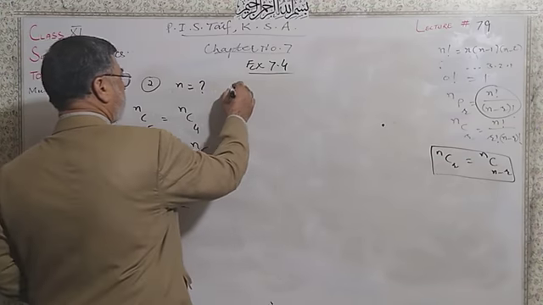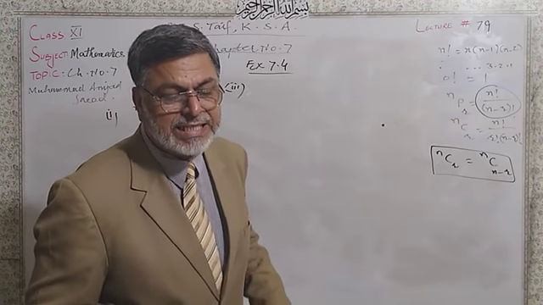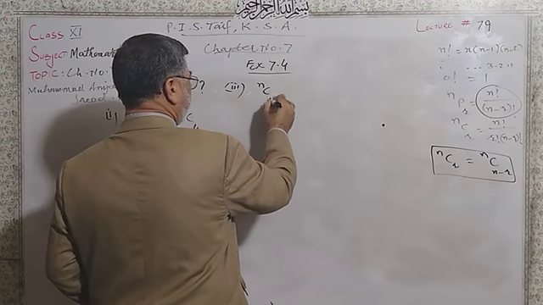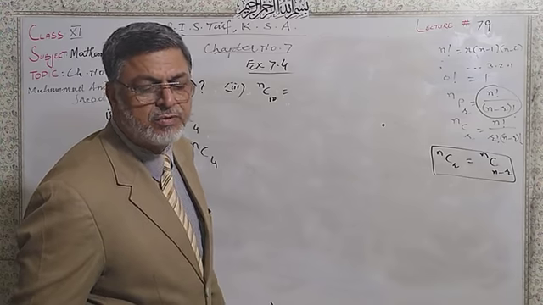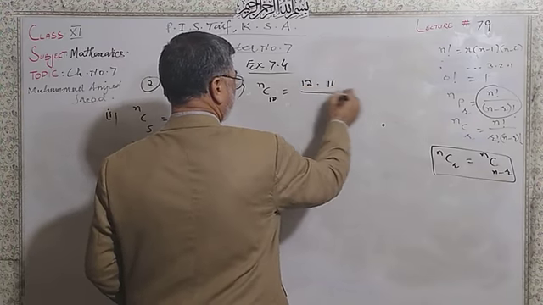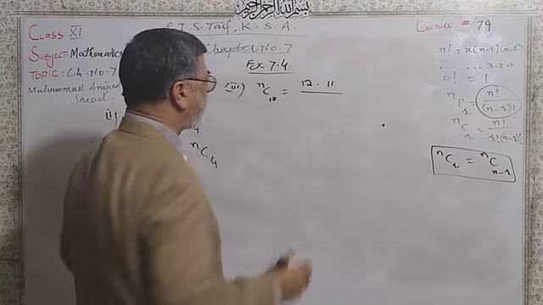So I am taking part number 3. What is part number 3? 12C10 is equal to 12 into 11 over 2 factorial.